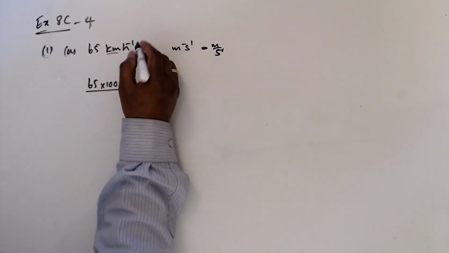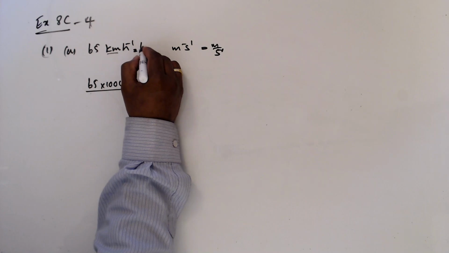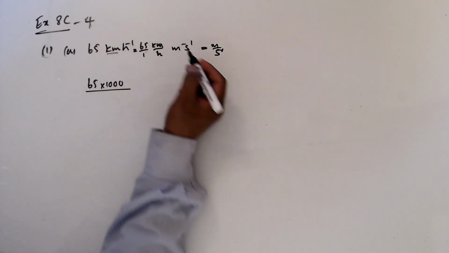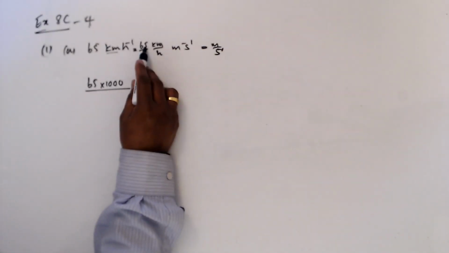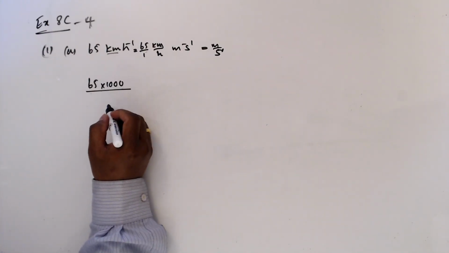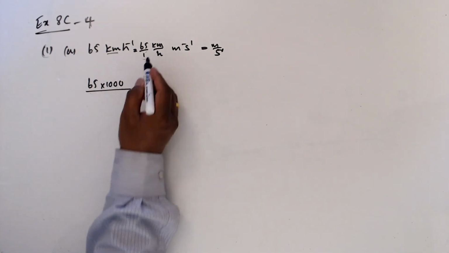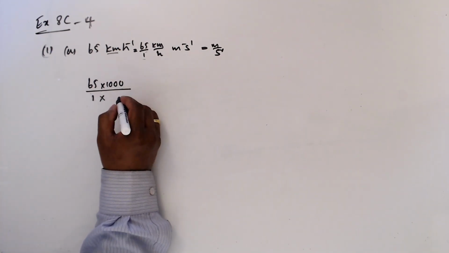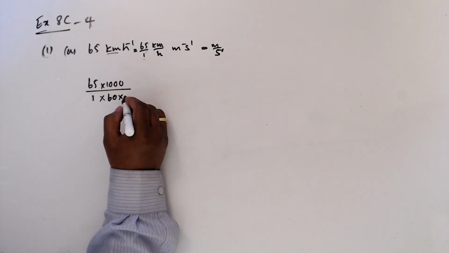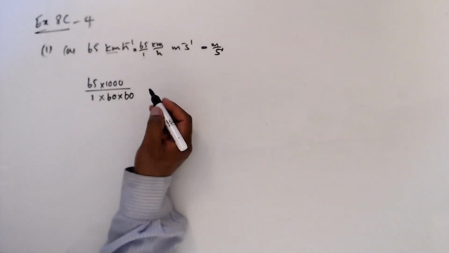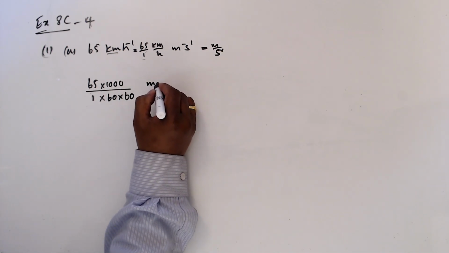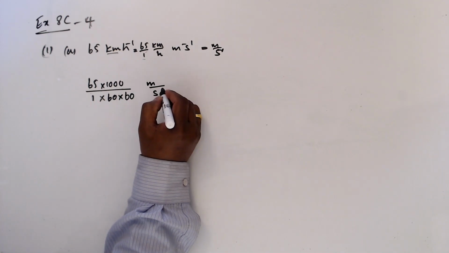I will rewrite this: 65 over 1 kilometer per hour. I'll bring the hour down, so 65 times 1000 over 1 hour. Kilometer to meter, we multiply by 1000. The 1 hour we have to turn into minutes by multiplying by 60, and then minutes into seconds. So then this is going to be meters per second.